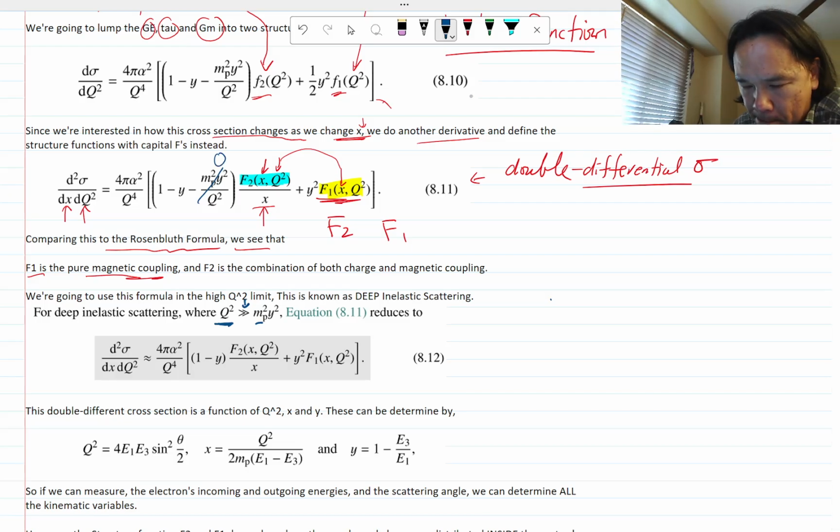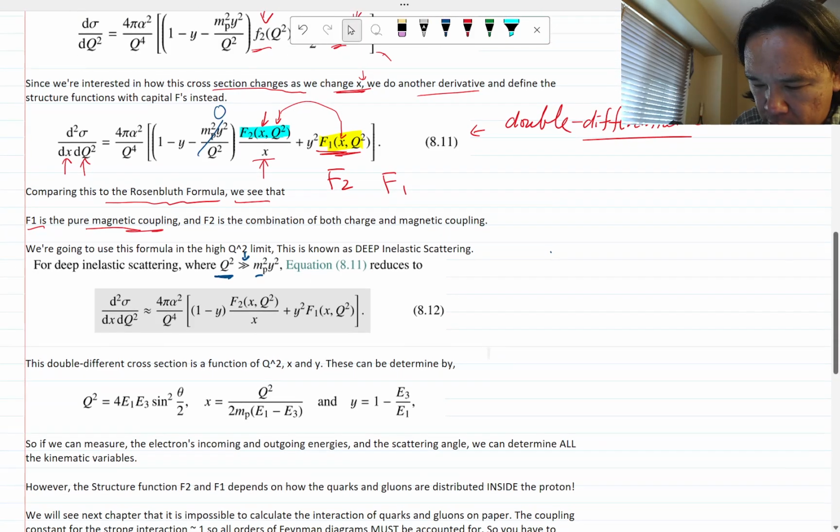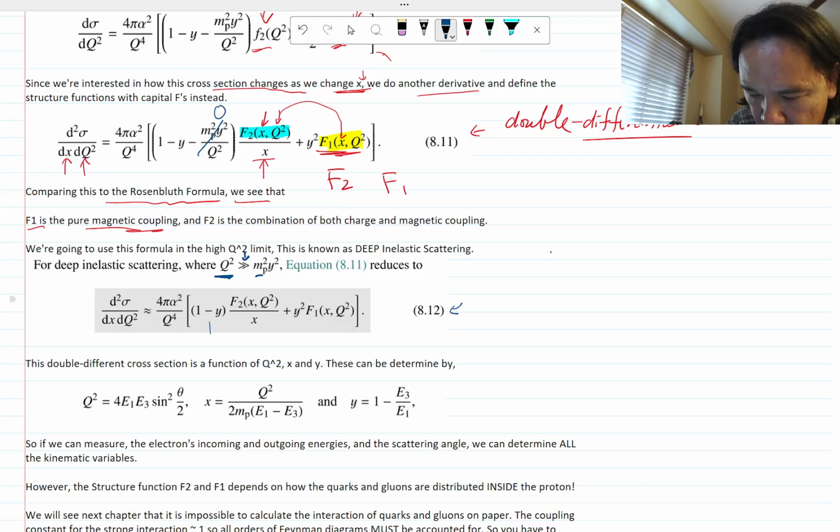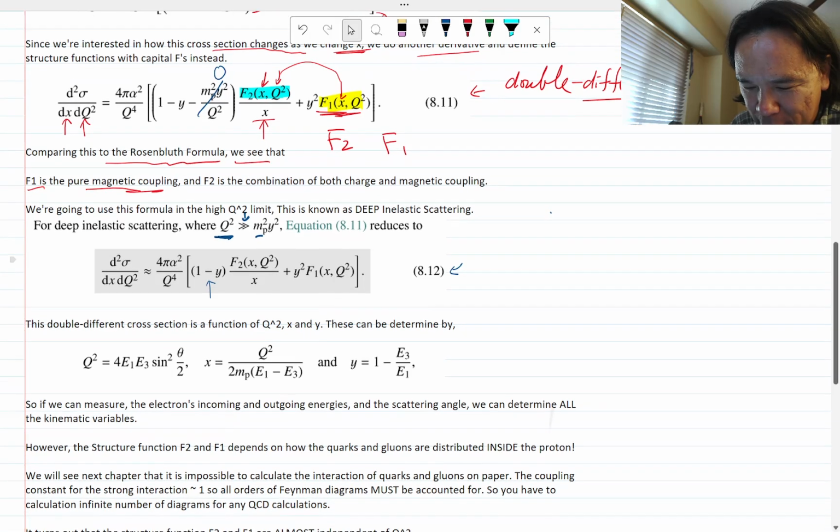When that term goes away, you end up with equation 8.12, which is that this double differential cross-section is once again 4 pi alpha squared over q to the fourth, and then this simplifies to just 1 minus y, while the rest of the equation stays the same.